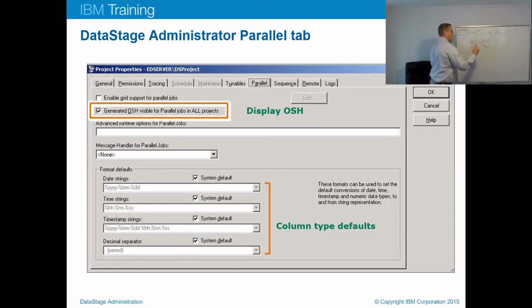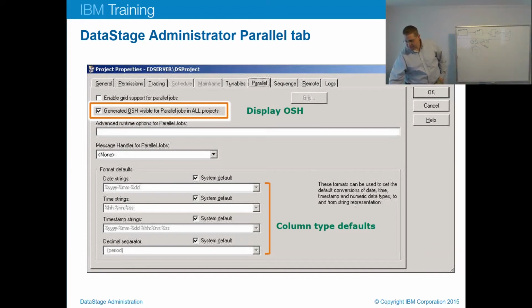See what I mean? If I don't ask it to, it won't bother with this step. It says, why bother? It's an extra step you don't need because the OSH is meant for the engine, not for you. So it's something that you may choose to turn on, as I mentioned, in development. And so you have to check this box, generated OSH visible, in order to have the OSH get created.